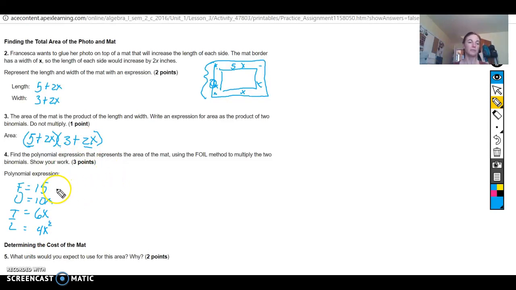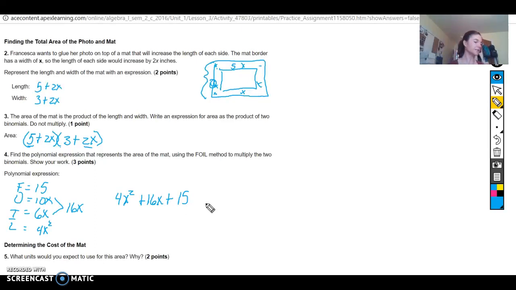All right. I want to combine like terms. Okay, so these two terms can be combined to 16x. And then I'm going to rewrite it as a quadratic expression. So my expression will be 4x squared plus 16x plus 15. Okay.